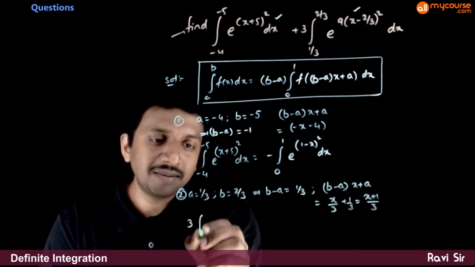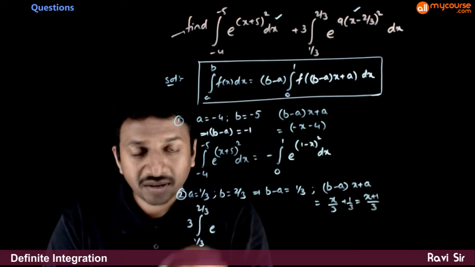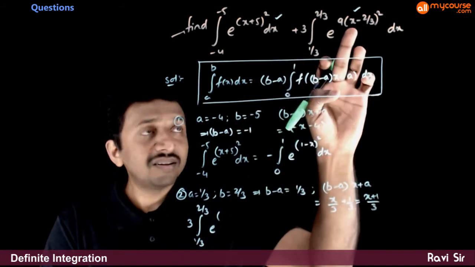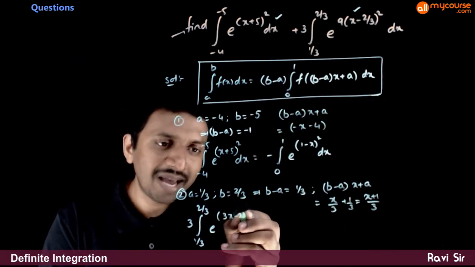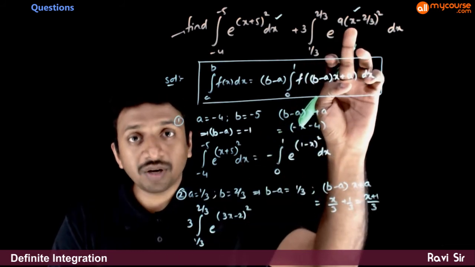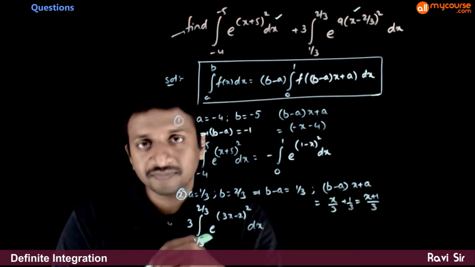So 3 times integration 1/3 to 2/3 e power. If I send this 9 into the square part, you get (3x minus 2) whole square. 9, if it goes inside square root, it becomes 3. So (3x minus 2) whole square dx.